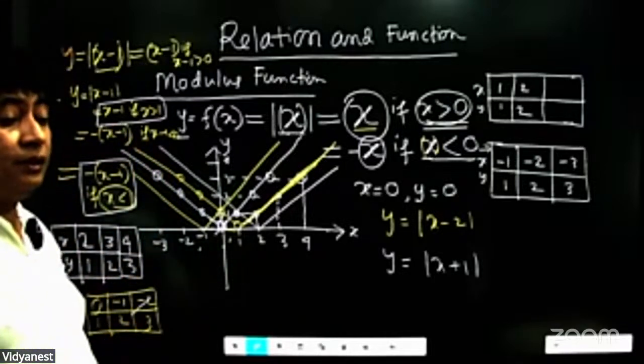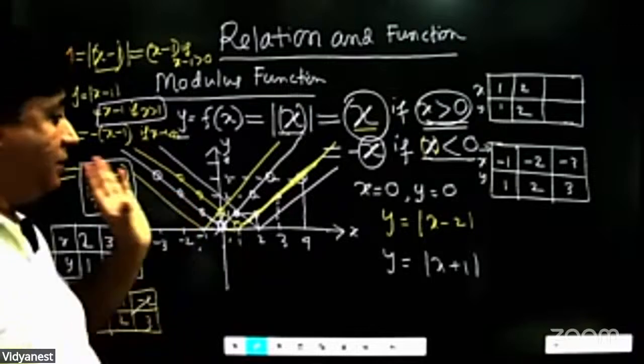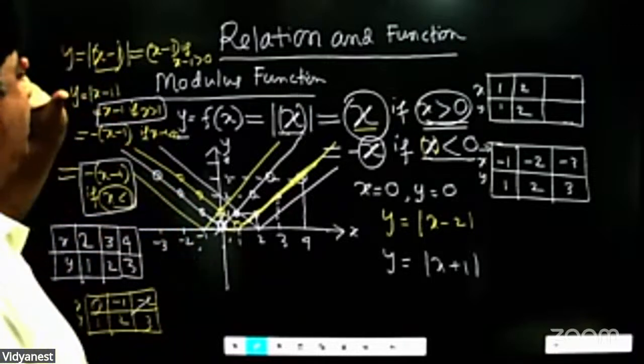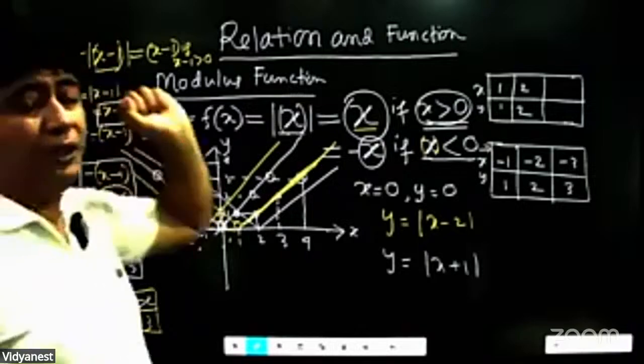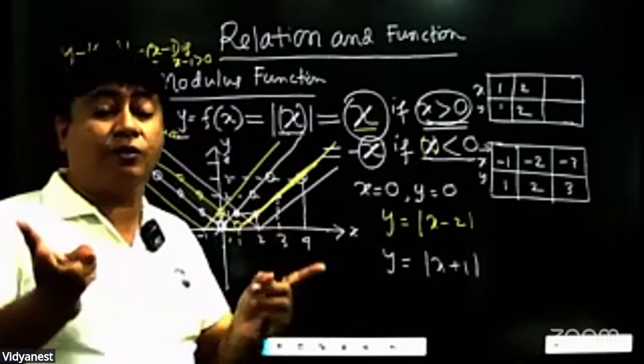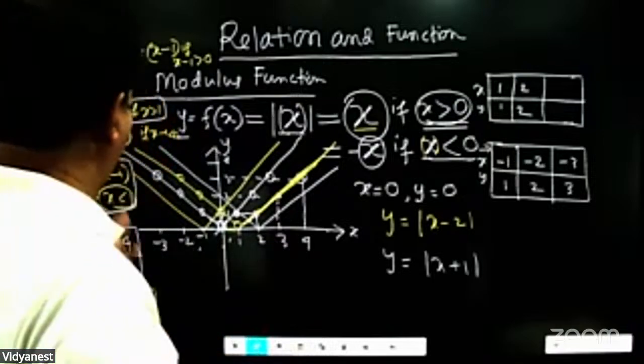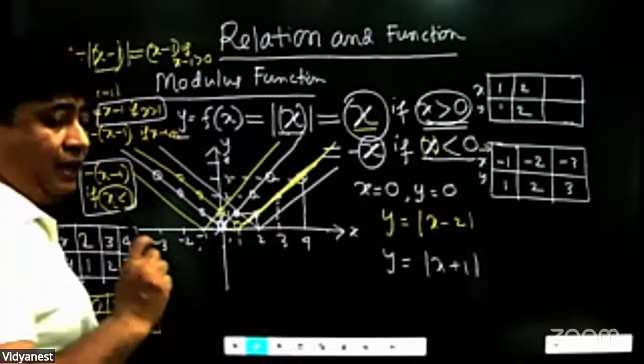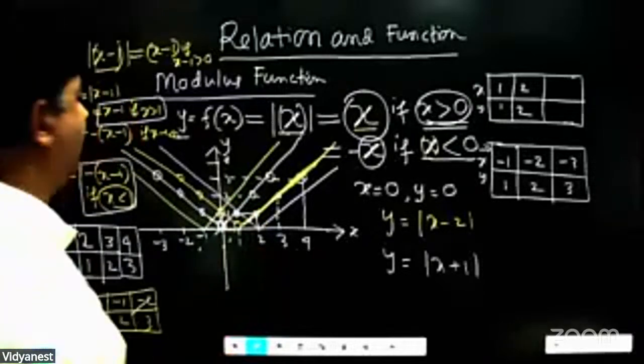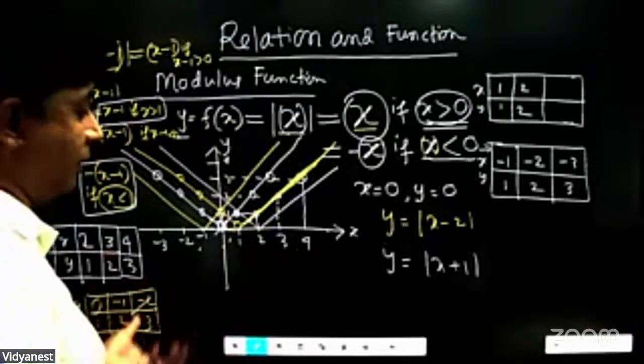But okay, sometimes this simple one modulus function will not be given. Composition of two modulus can be given or more than two. See, if that thing you have to defend, then what will be your approach?